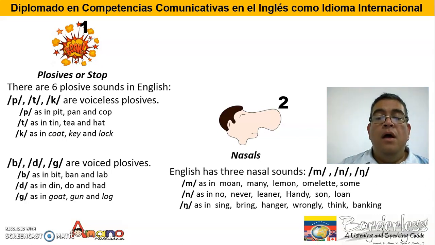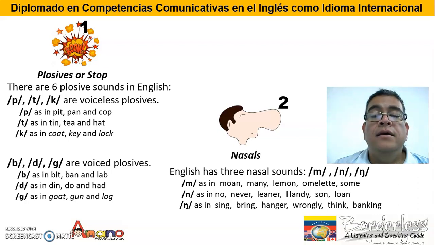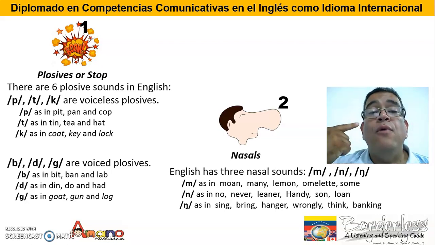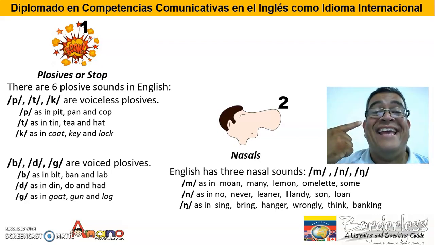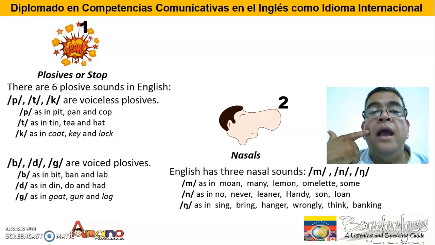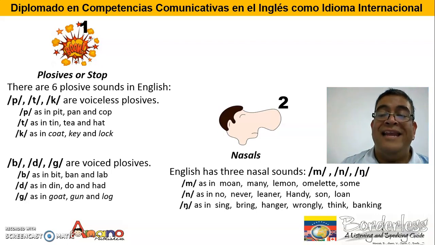Some examples of N are never, learner, handy, son, and lone. And some examples of ng: this sound is produced mostly in -ing endings, like bring, hanger, wrongly, think, banking. That's the sound that we call nasal. Okay.